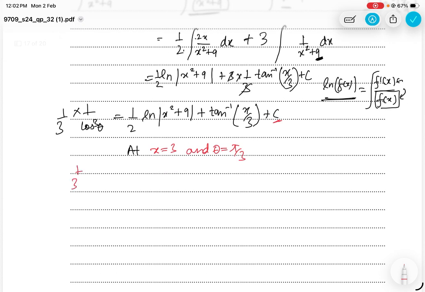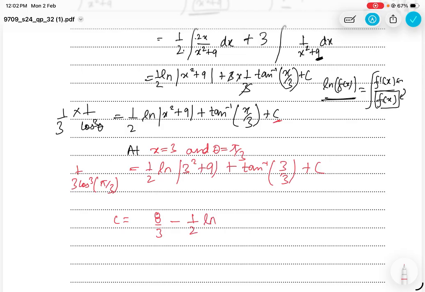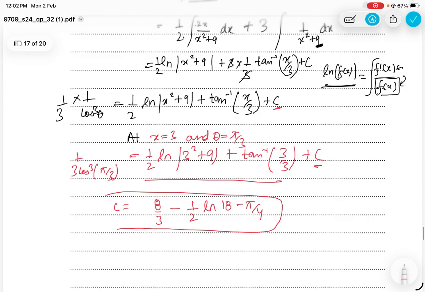We will have 1 upon 3 cos cube pi by 3 equals 1 by 2 ln 3 square plus 9 plus tan inverse 3 by 3 plus c. Just plug it into a calculator and you will get c equals 8 by 3 minus half ln 18 minus pi by 4. Just plug the values, make c the subject and take everything to the other side, and you will get the value of c.